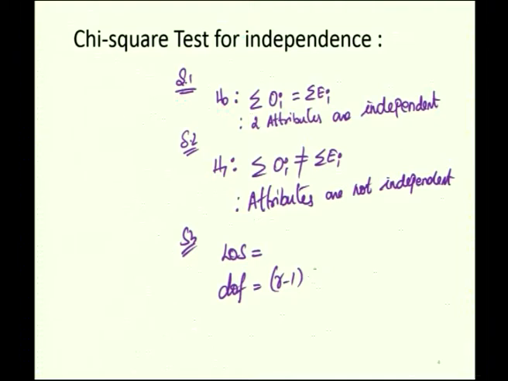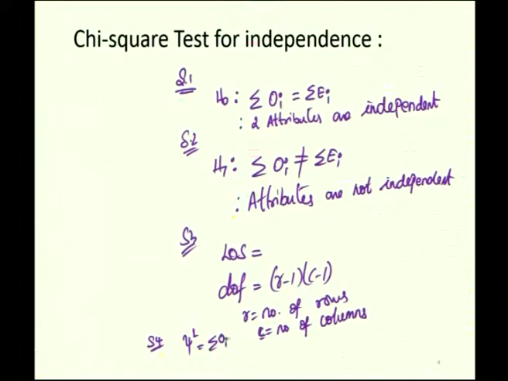In step 3, a level of significance is fixed and degrees of freedom for test of independence is R minus 1 into C minus 1, where R is the number of rows and C is number of columns. And step 4 is usual procedure. Step 4 is the formula part, chi-square is equal to summation OI minus EI whole square by EI.